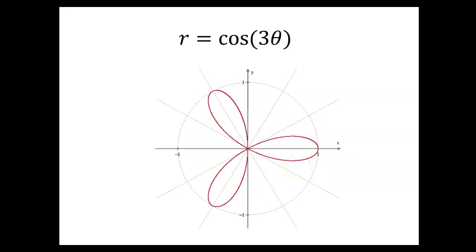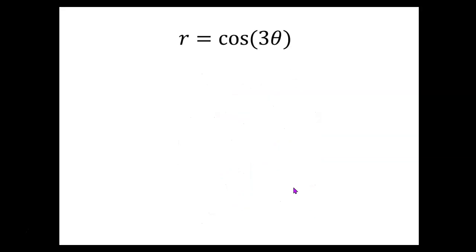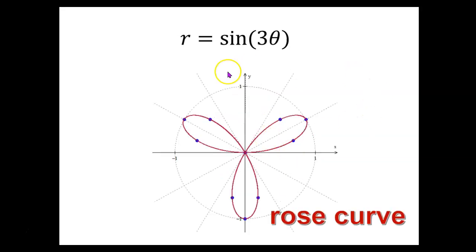So polar coordinate equations that involve cosines tend to be symmetrical with respect to the x-axis, whereas equations involving sines tend to be symmetric with respect to the y-axis.